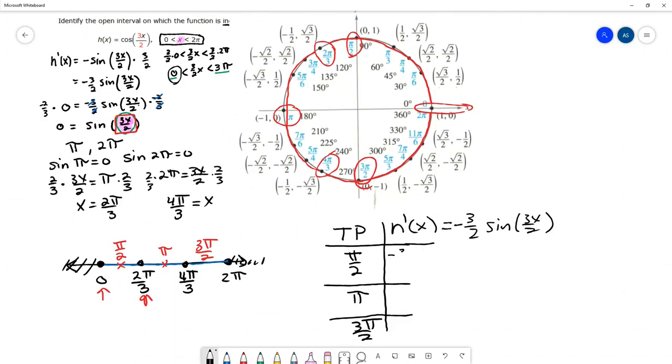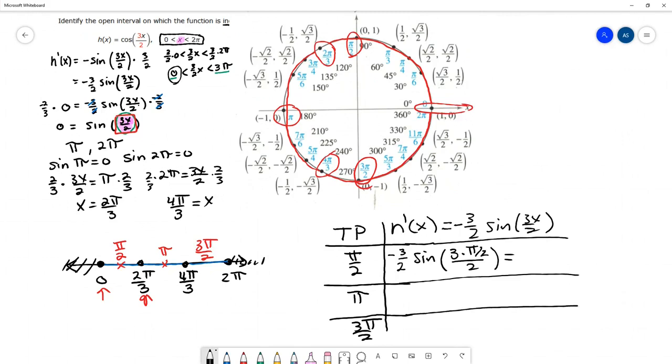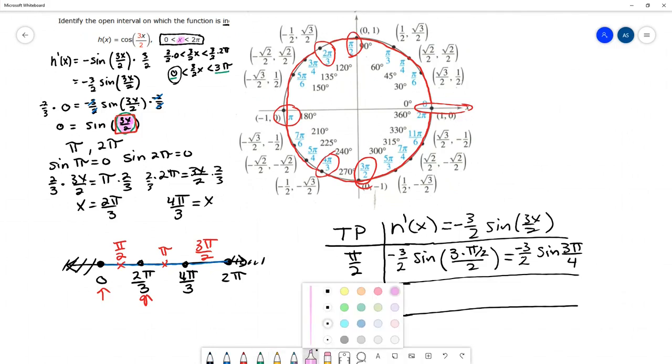So we've got negative 3 over 2 sine of 3 times pi over 2 over 2. And that's negative 3 over 2 sine of 3 pi over 4. So 3 pi over 4, let me highlight that on the unit circle. 3 pi over 4 is right here.